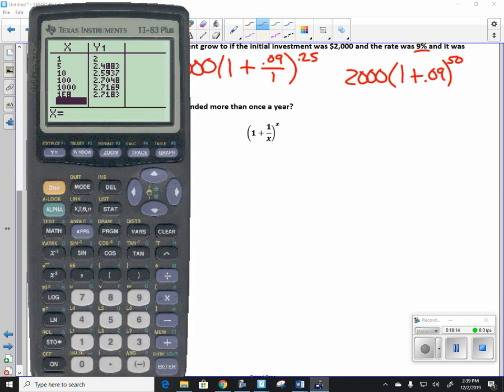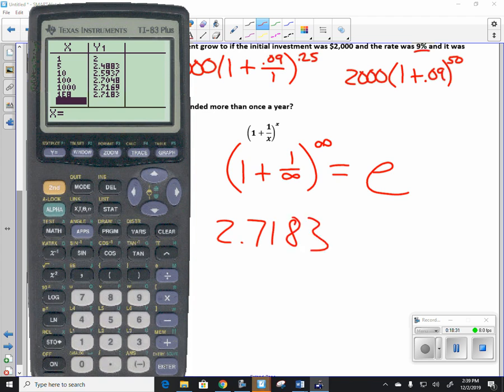It actually levels off. It levels off at a very specific value. In fact, (1 + 1/infinity) raised to the infinity power is a very special number. It's called e. 2.7183. And it's the base that we use for exponential functions in real life. e is a very important number.